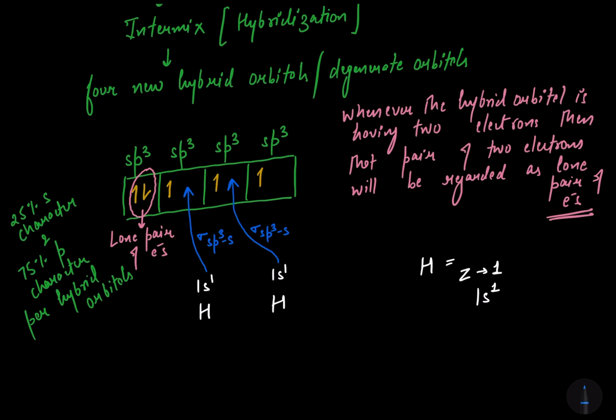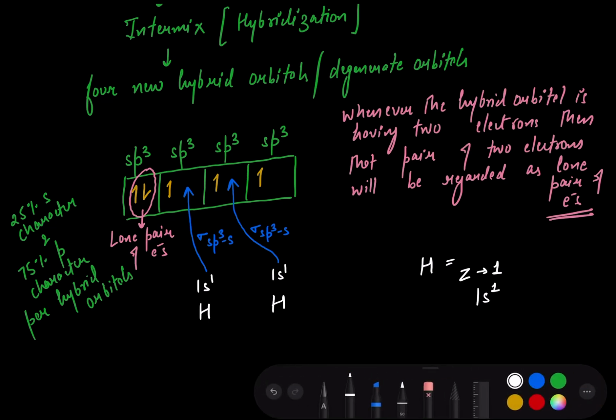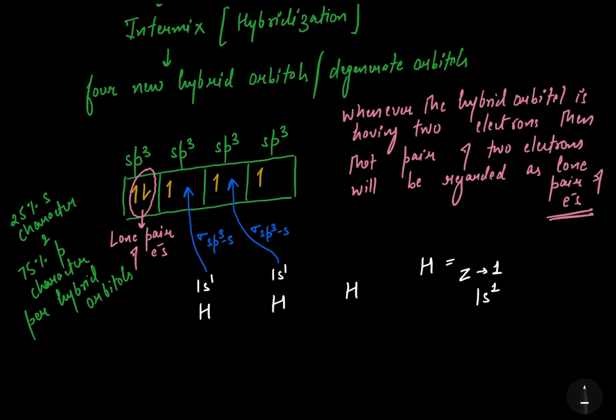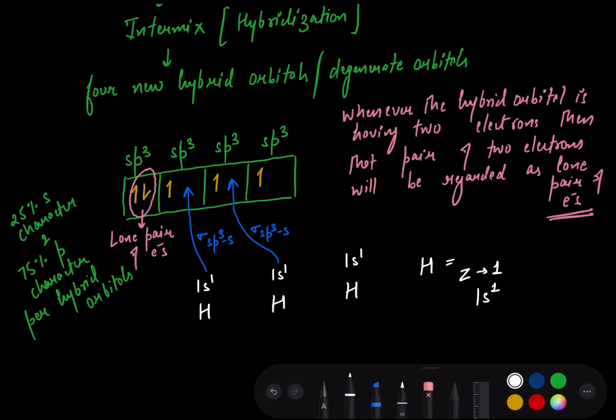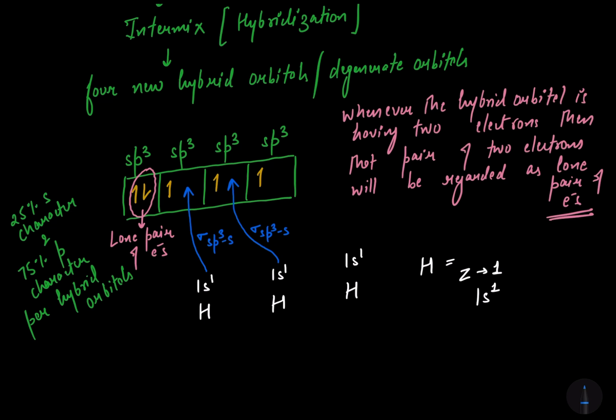Because this sigma bond has been formed by head-on overlap of sp3 hybrid orbital of nitrogen with the s orbital of the hydrogen. Now let's talk about the third hydrogen. So that's our third hydrogen. Its again configuration is 1s1. So that means here also the s orbital of third hydrogen is going to have head-on overlap with the sp3 hybrid orbital of nitrogen to form the sigma bond.